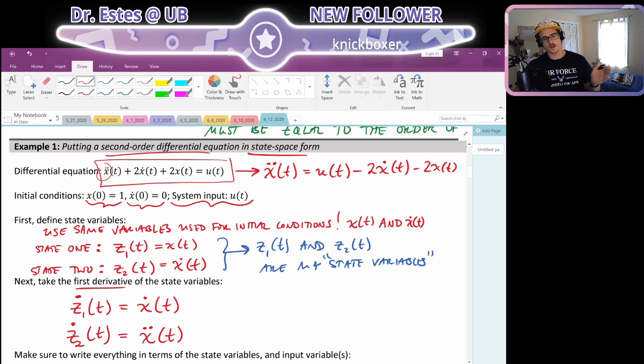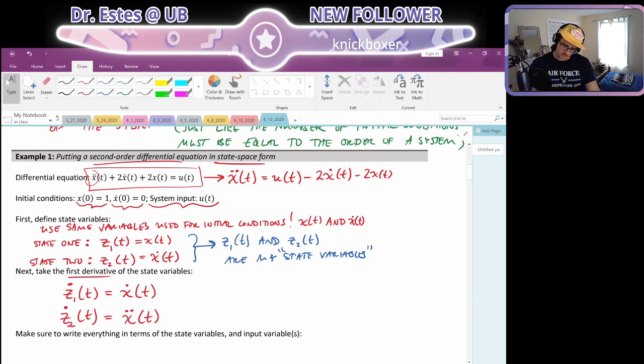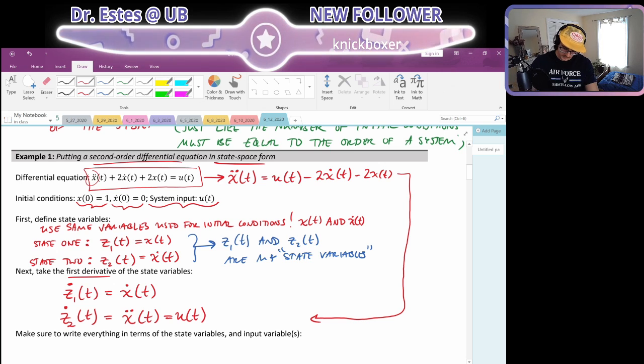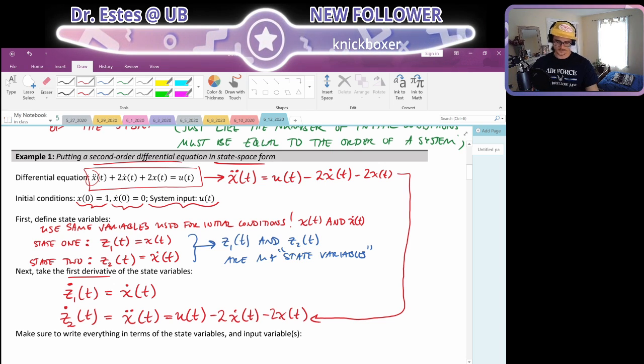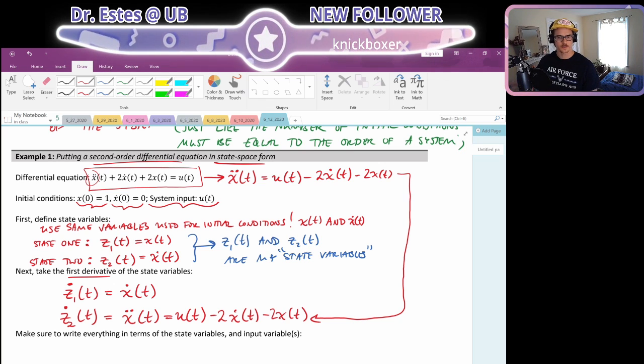The reason I'm solving for x double dot by itself is because I want to plug it in here. So x double dot of t is u of t minus 2x dot of t minus 2x of t. So these are the first derivatives of my states.